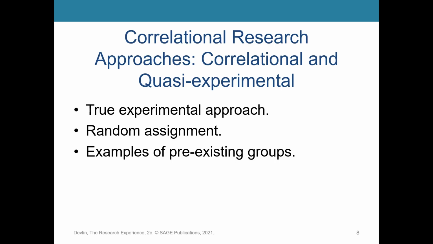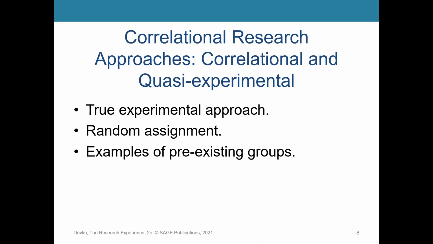Sometimes you cannot do that. So you'll have to do what we call a quasi-experimental study, potentially, especially if you have pre-existing groups. So for example, if you have people that are married or not married, so if you're looking at marital status, or if you're looking at drinking coffee or not drinking coffee, or if you're looking at gender or sex, male, female, then you cannot randomly assign a person to being married or not married, or being a male or a female.